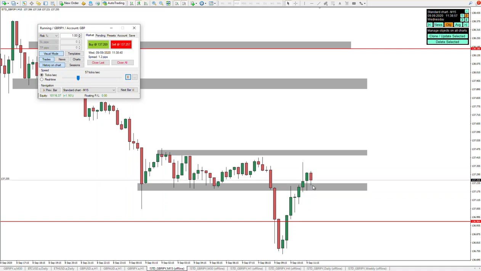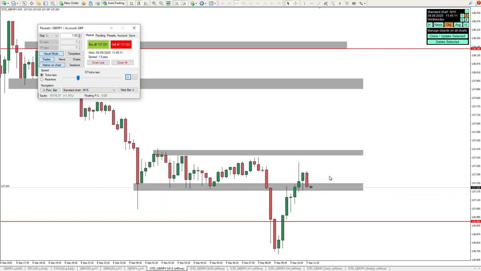M15 price is still heading above this support, still in the range. Let's see where this candle closes. Okay, the candle closes bearish, so really breaking the support.